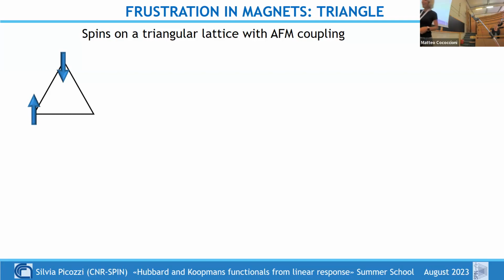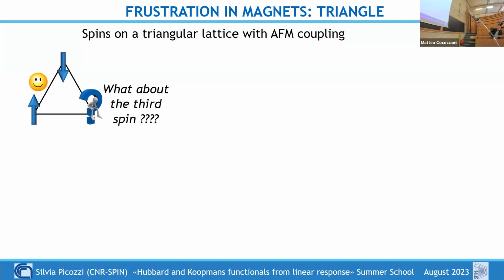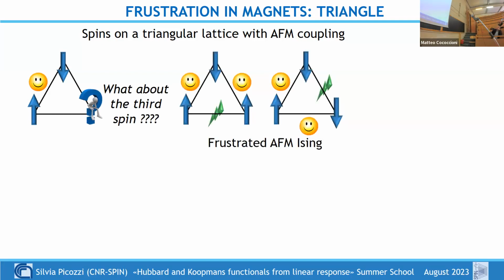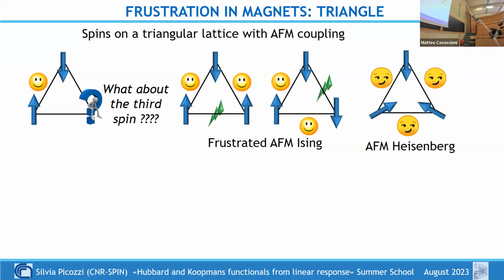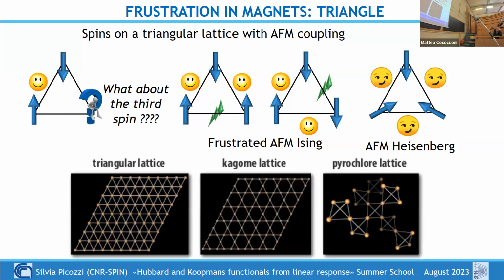If you have your antiferromagnetic coupling on a triangle and you arrange two spins, then the third spin doesn't exactly know what to do. If it lines up, then this interaction is not happy. If it lies down, then this interaction is not happy. So in the end, the system tries to find a compromise by ordering in a non-collinear way. This is the typical 120 degree spin configuration, which tries to make the system as happy as possible.